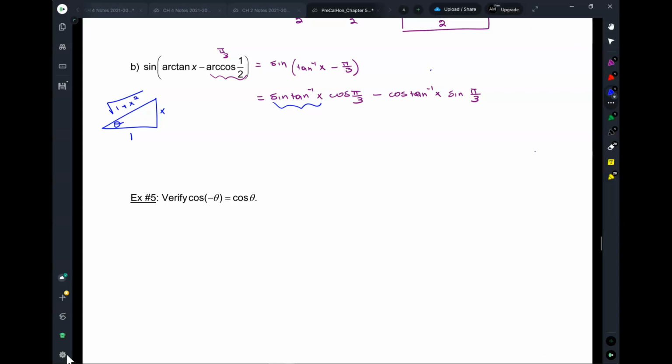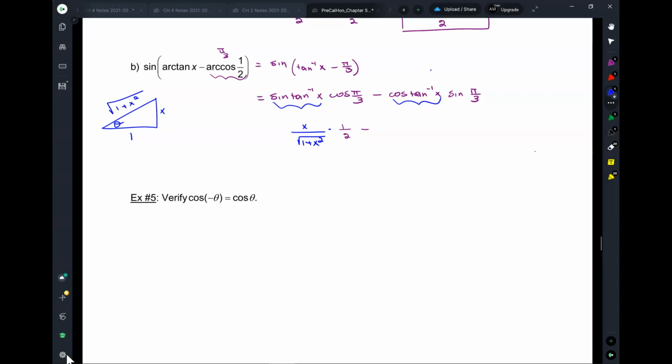Now, the sine of that angle is going to be x over the square root of 1 plus x squared, times cosine pi over 3, which is 1/2, minus, now look, this one is a triangle, inverse tangent of x.